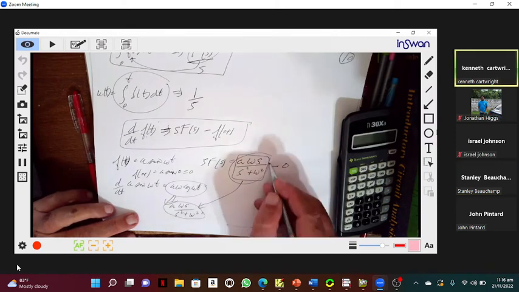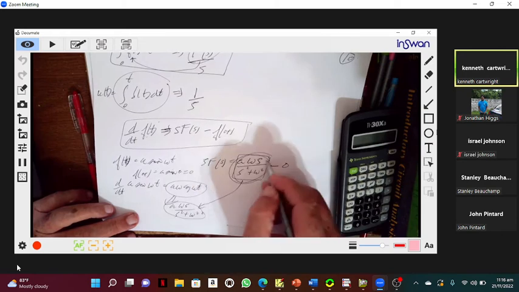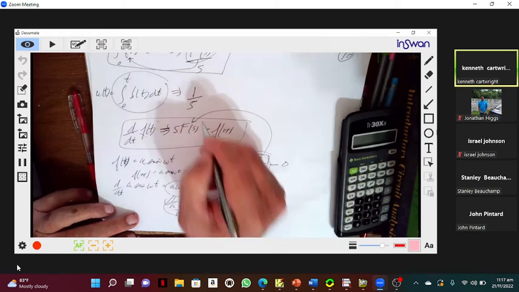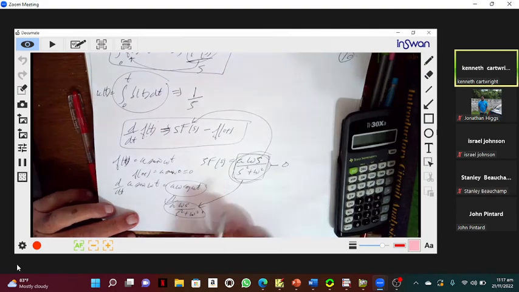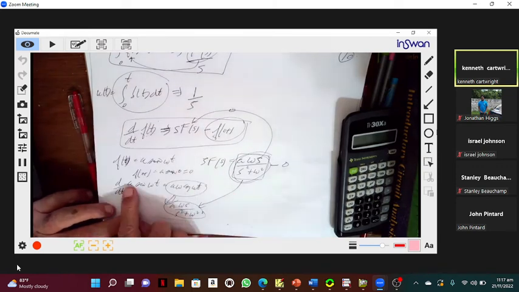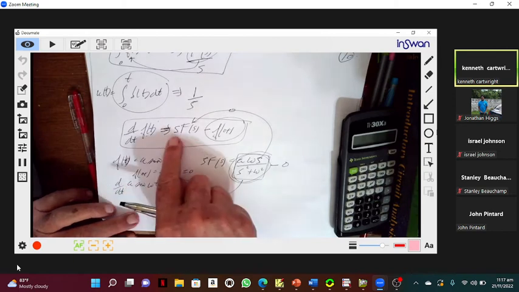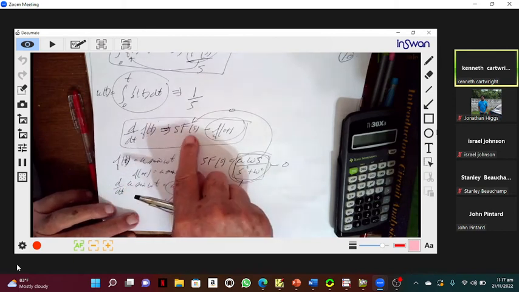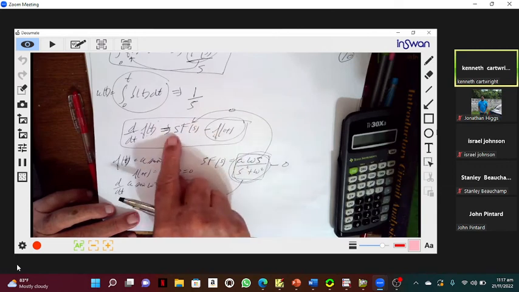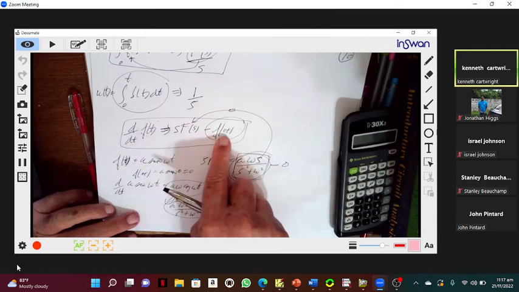So this term right here, that's this. And then we discover that this term here for this problem is 0. So the Laplace of the derivative of sine is the Laplace of the original function multiplied by s, minus the initial value in the time domain.